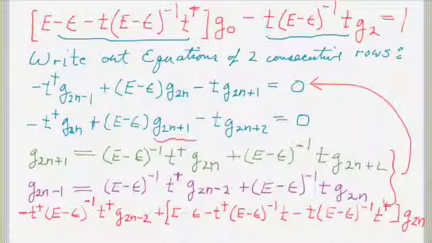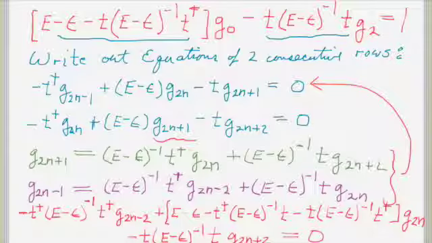And finally, coupling to site 2n plus 2, minus T, E minus epsilon inverse T, G 2n plus 2 equals 0.